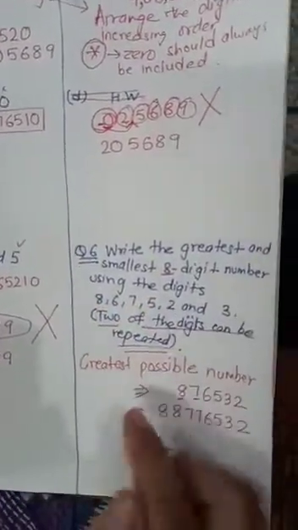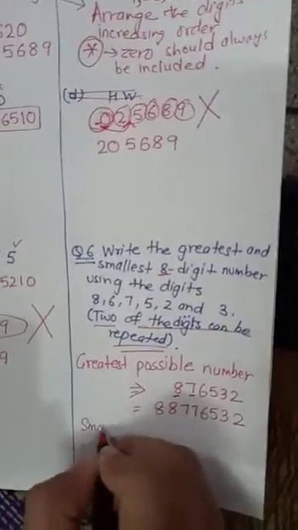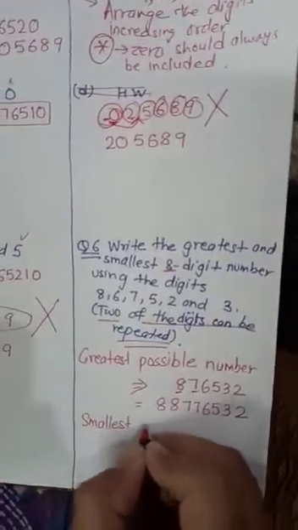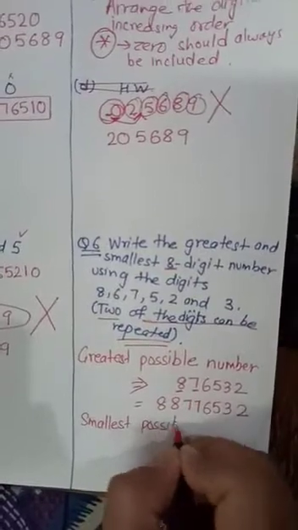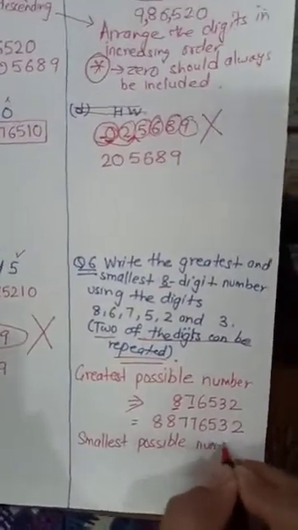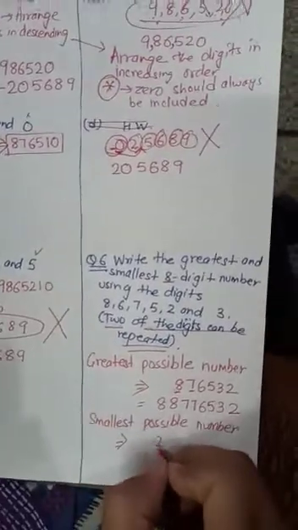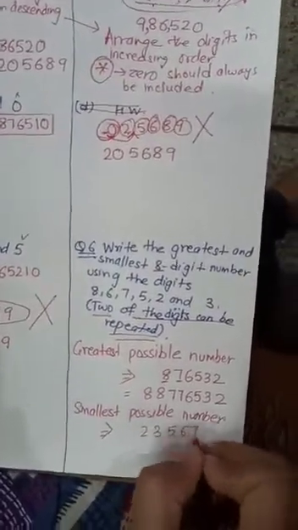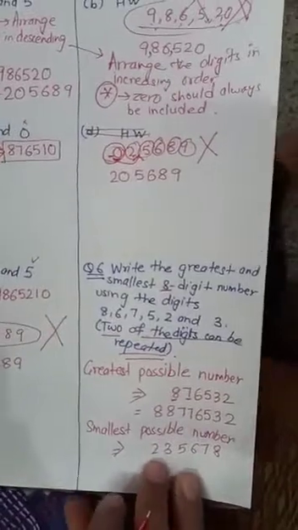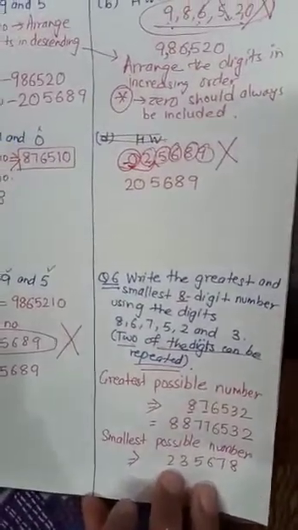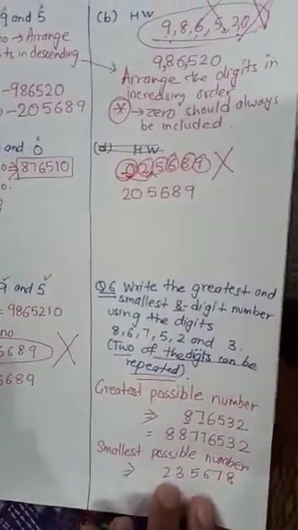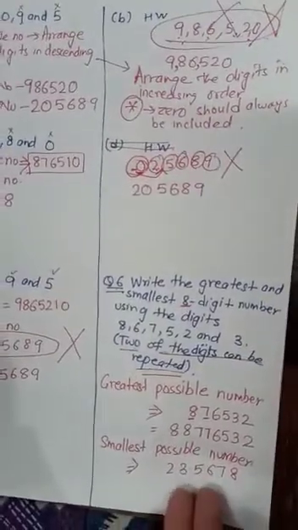Similarly, we have the smallest possible number. Order remains increasing order. So I'll write first step is 2, 3, 5, 6, 7, 8. Now which digit should I repeat so that it becomes the smallest possible number?